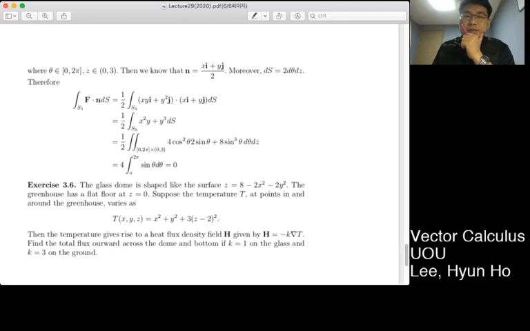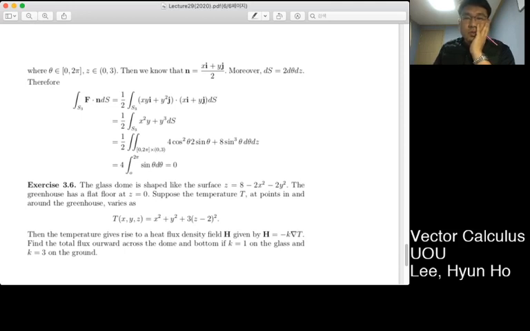Also, if you think about the size, because x and y are in the circle, the size of this vector is 2, right? So the dS is 2 d theta dz.